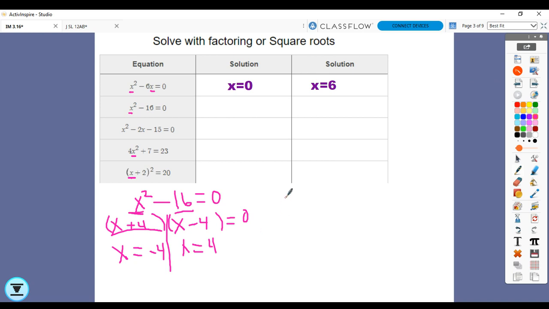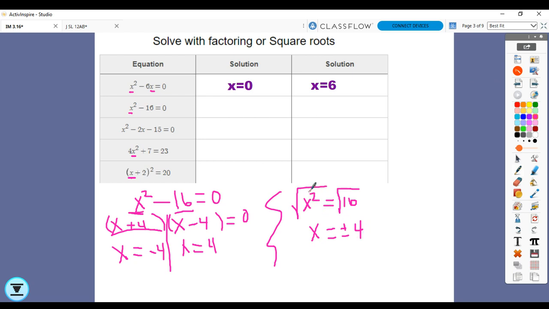All right. But let me also show you, since there's just an x squared, the other thing you could do, you could add 16 to the other side, square root both sides, and x equals plus or minus 4.